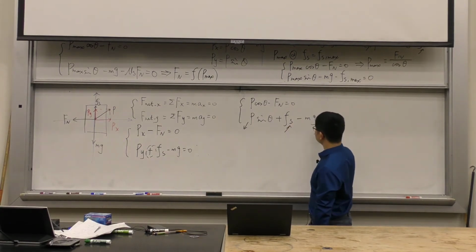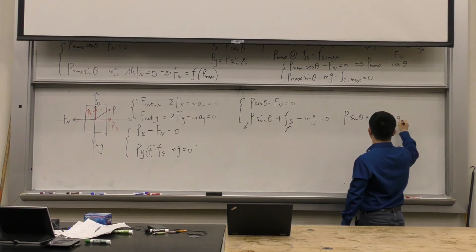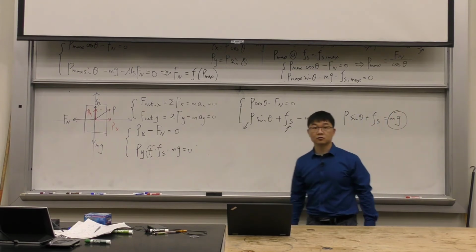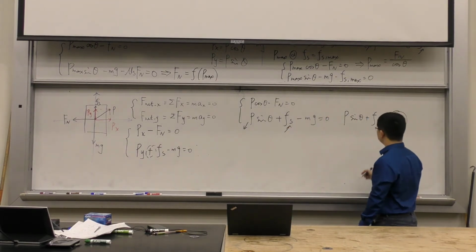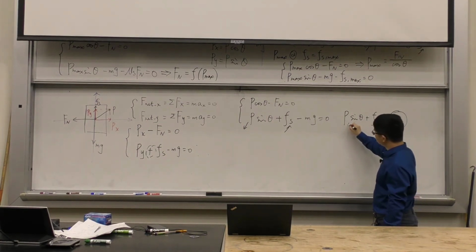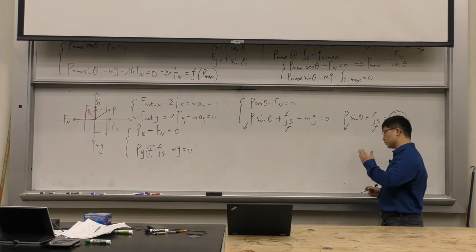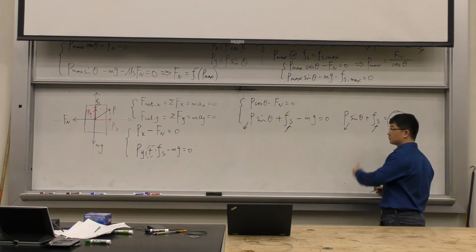Because if you rearrange this equation, what do you get? You get P sine theta plus Fs is going to be equal to mg. So this mg is going to be a constant on the right. That means the sum of these two forces must be a constant. So if you reduce this guy, the P force, a little bit, the static friction force should increase a little bit in order to satisfy this equation.